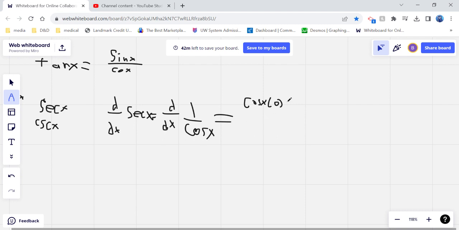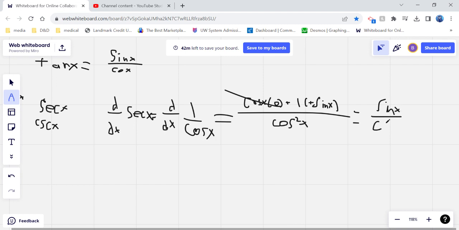So you have low d high minus high d low, and that's all over low squared. So after simplification, this is knocked out. We actually have these negatives that cancel out. So we're left with sine x over cosine squared of x.